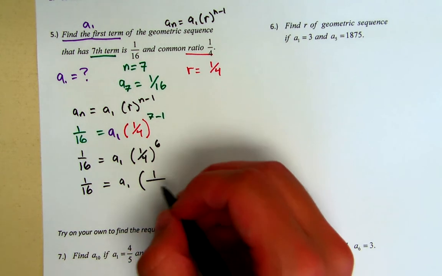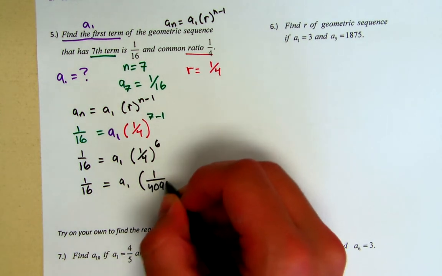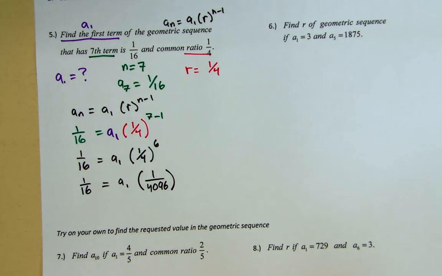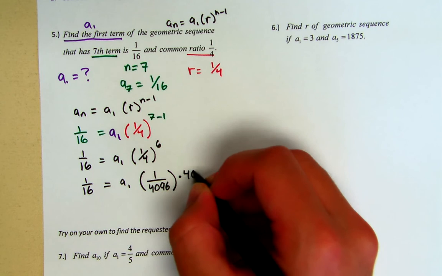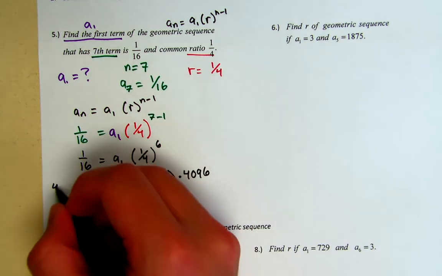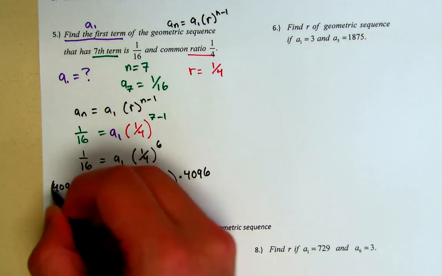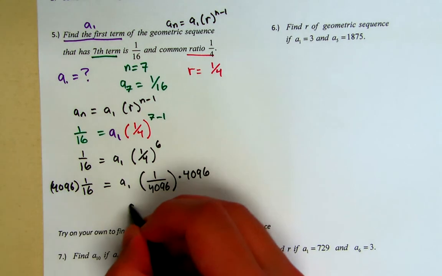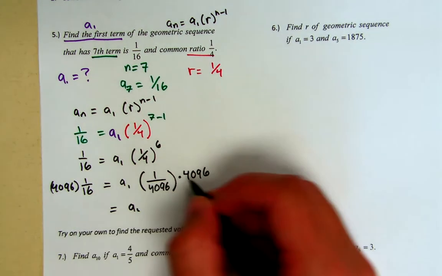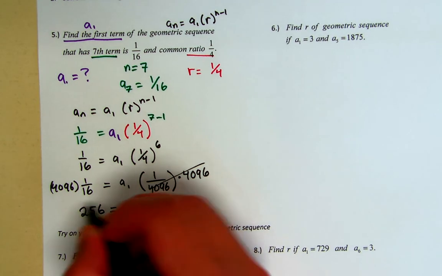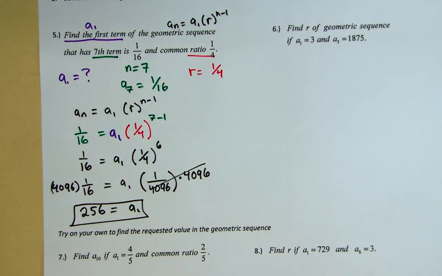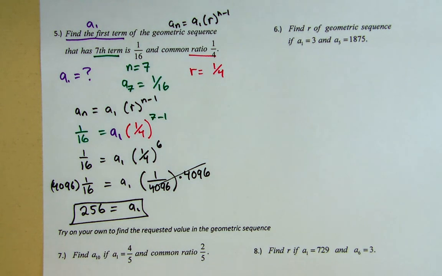Leave this as a fraction, otherwise it'll make things a little more difficult. How do I get rid of fractions? Multiply by the denominator. If I multiply by the denominator, those cancel, and I end up with a1 equals 256. So the first term is 256.